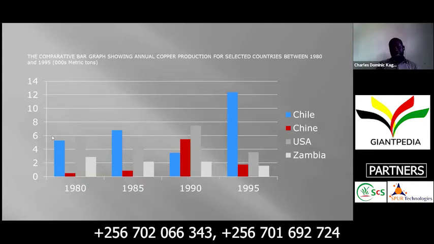After drawing this line, you also draw this line. This is the horizontal axis. This is the vertical axis. What we represent here are the years, and down here you should label it as years. And on this side you should label it as copper production in thousands.